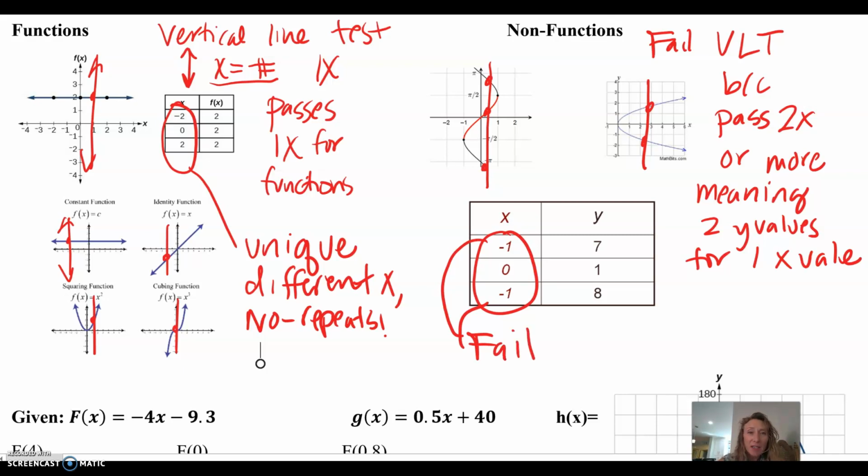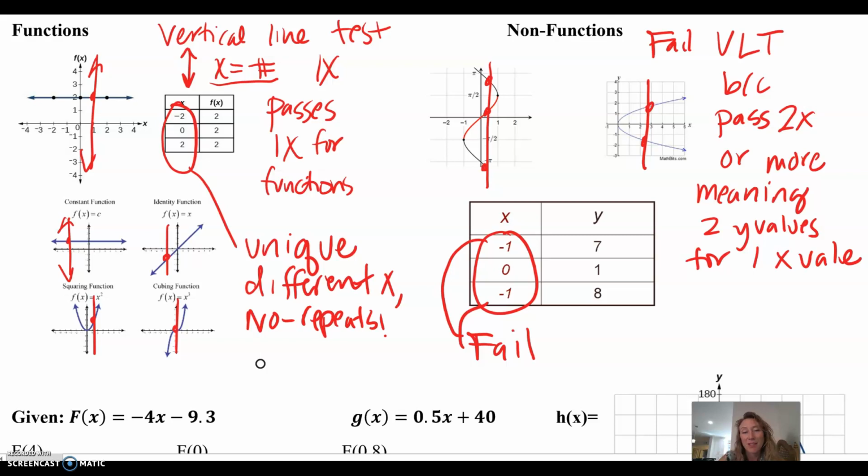I have one x value that gives me 2 different y values. Perhaps there was an error in calculations if you were plugging into an equation, or it's just a non-function. We're looking for one x value to have one y value. You can have 2 different x values with the same y value, as we notice here, and that's totally allowed. But we cannot have the x values repeat.